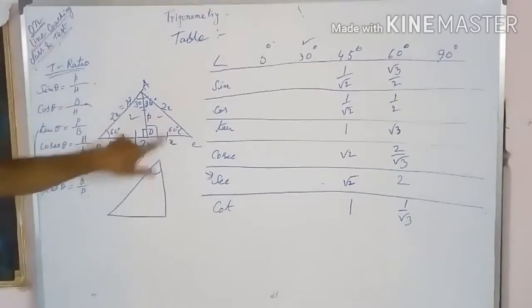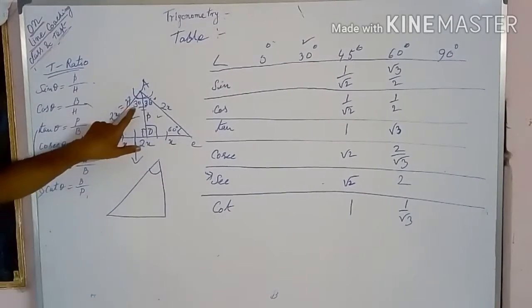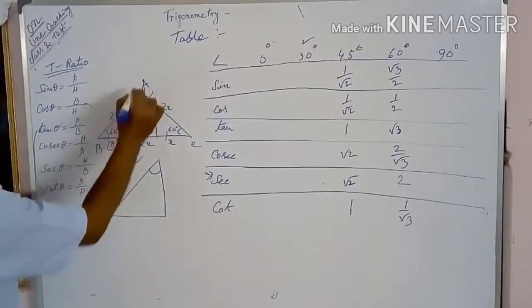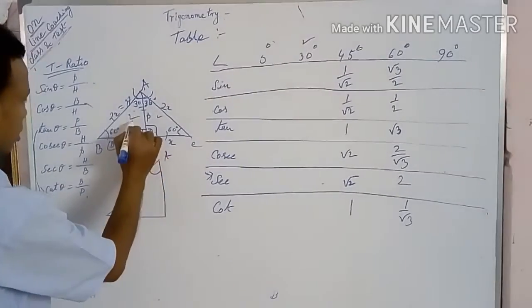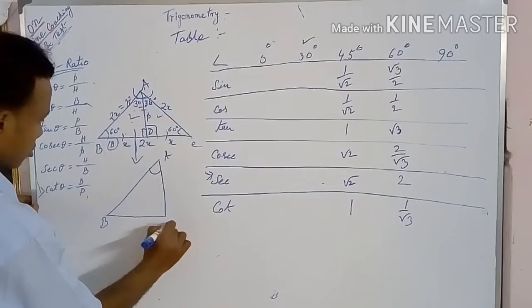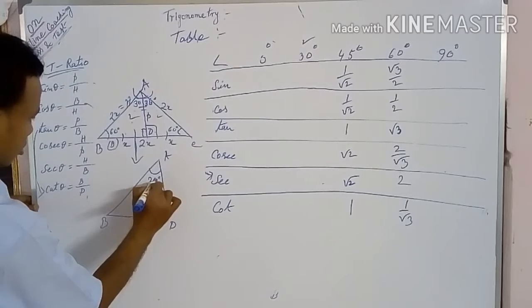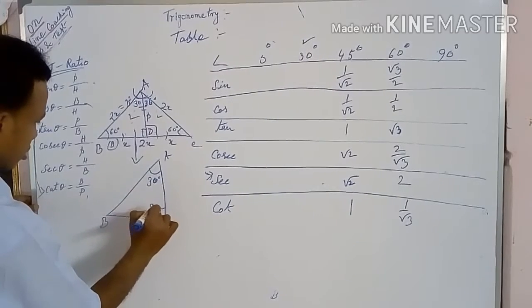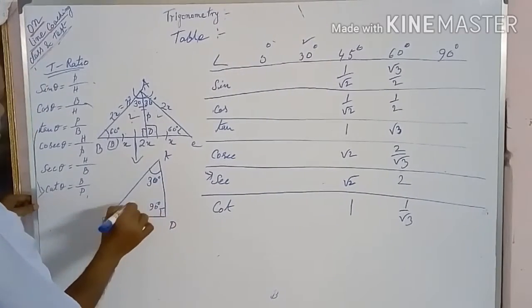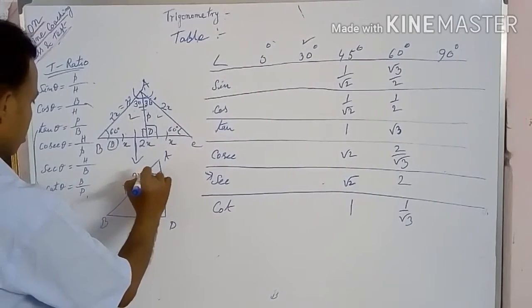Since the two triangles are congruent, the total angle is equal to 60 degree, that is, it is 30, it is 30. Now I will draw the same triangle here. This is your 30 degree, this is a 90 degree. This hypotenuse is equal to 2x.